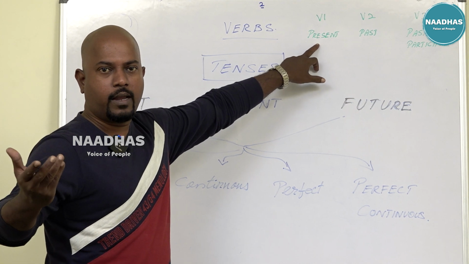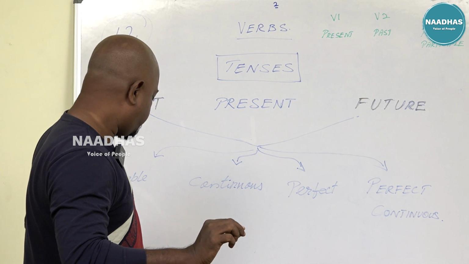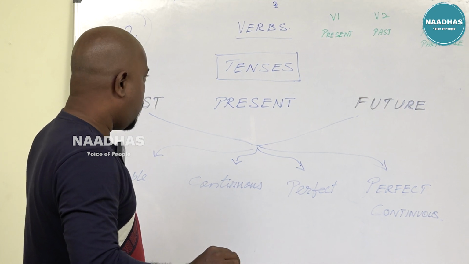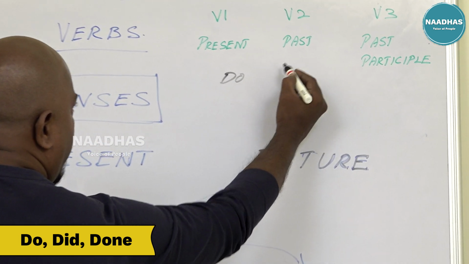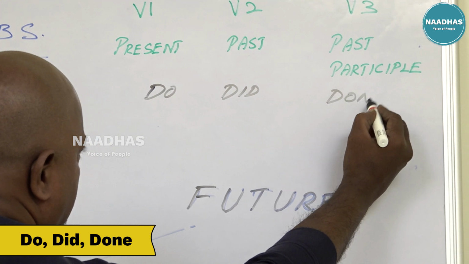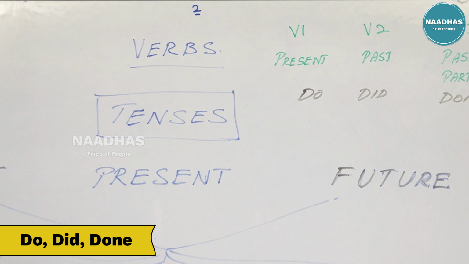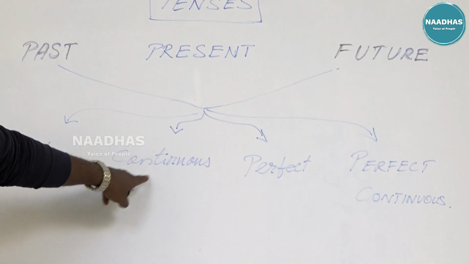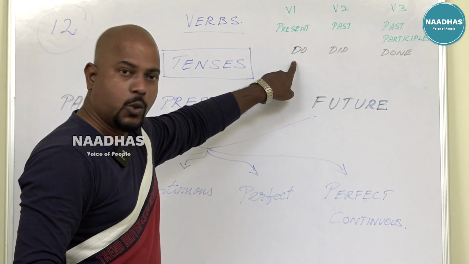Do, doing. I will give an example. So do, the past tense is did and done. When I have to use the continuous form, I cannot say didding or dunning. I have to use doing.